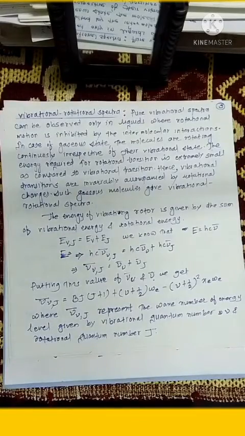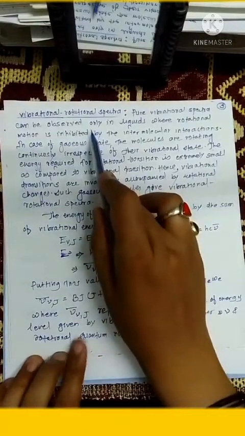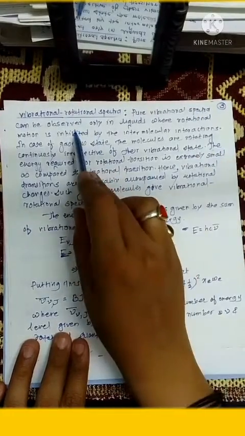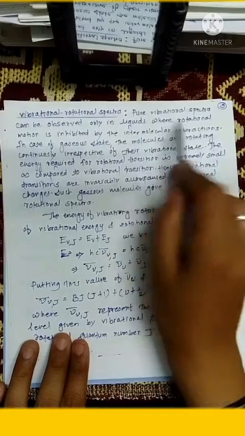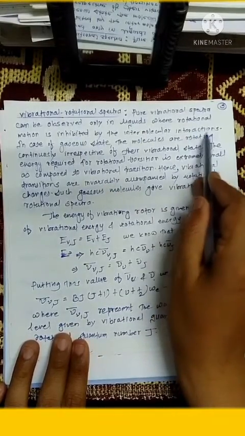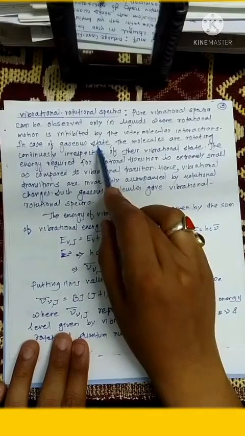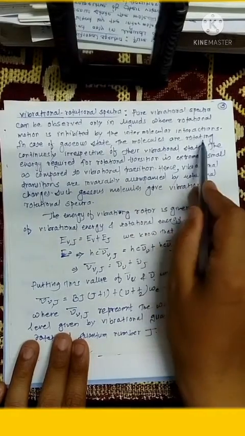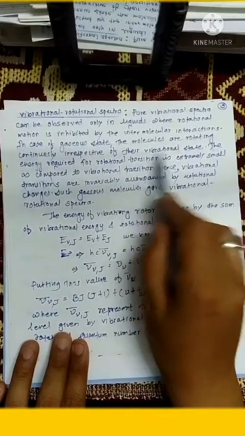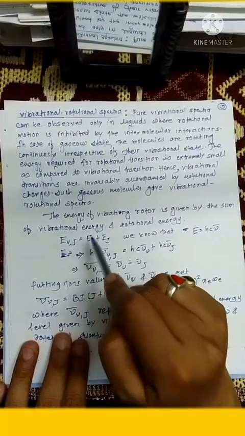Now we are going to discuss vibrational rotational spectra. Pure vibrational spectra can be observed only in a liquid, where rotational motion is inhibited by intermolecular interaction. In the gaseous state, the molecules are rotating continuously irrespective of their vibrational state.